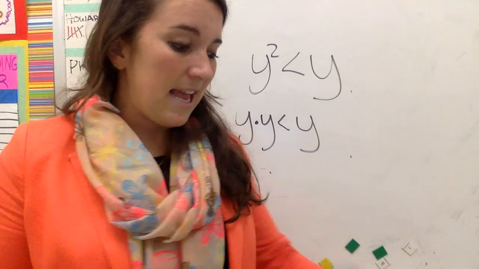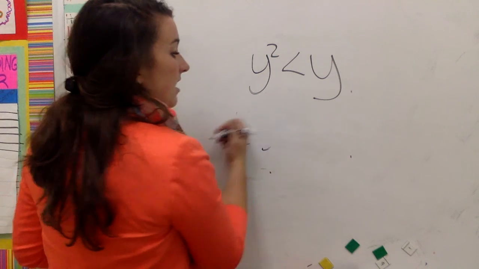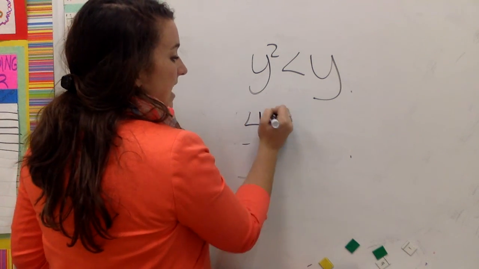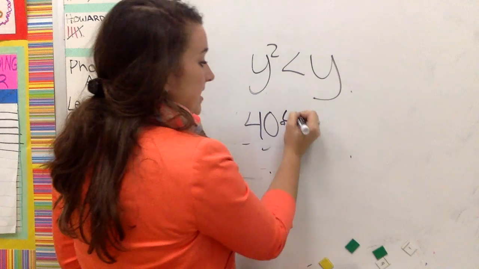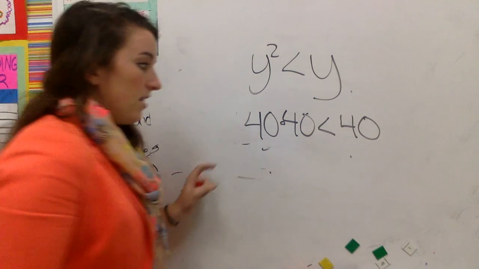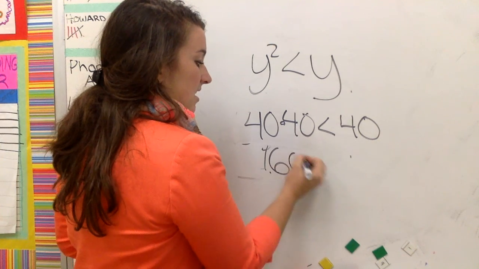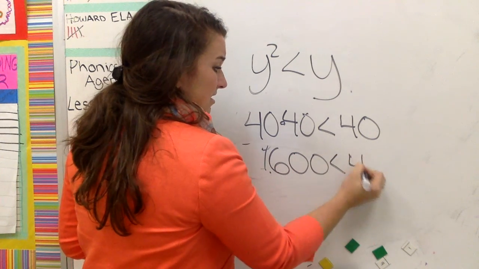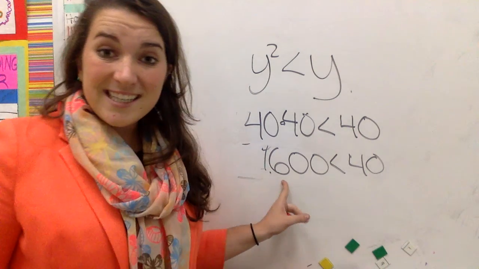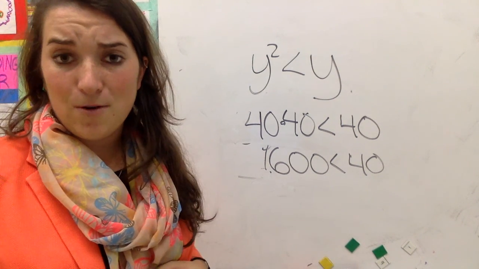Looking at answer A, if A was true, it would be saying 40 times 40 is less than 40. 40 times 40, off the top of my head, is 1,600. 1,600 is not less than 40.